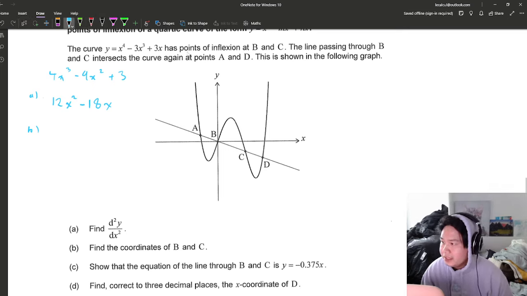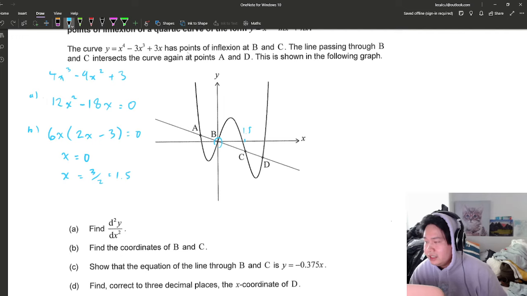So make this equal to 0, and then we can factor out 6x. That means x is 0 and x is 3 over 2, like 1.5.